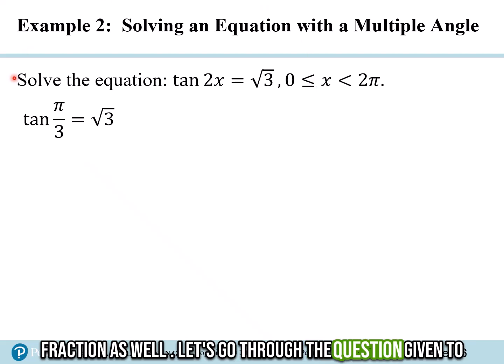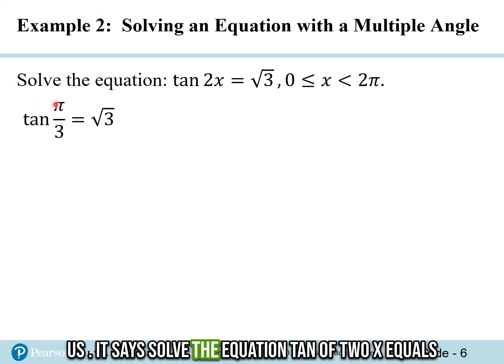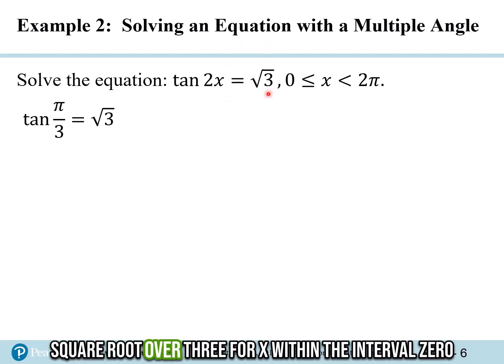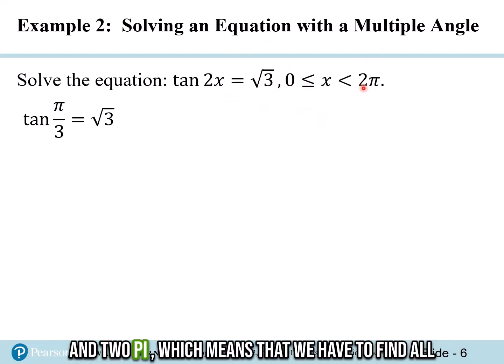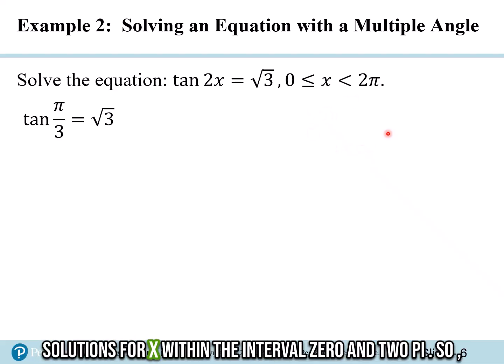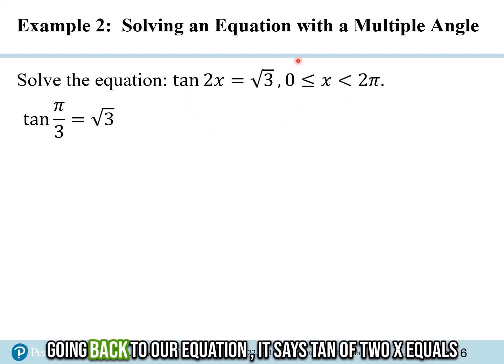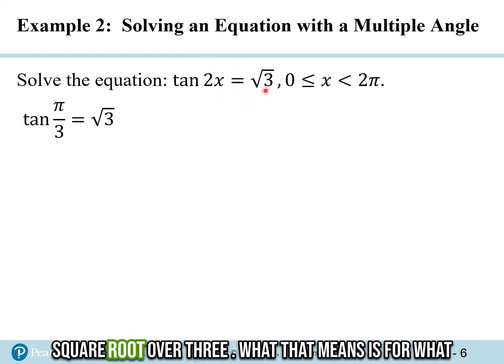Let's go through the question given to us. It says solve the equation tan of 2x equals square root over 3 for x within the interval 0 and 2 pi, which means that we have to find all solutions for x within the interval 0 and 2 pi. So going back to our equation, it says tan of 2x equals square root over 3.